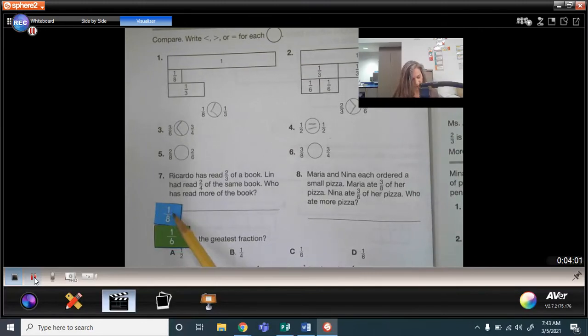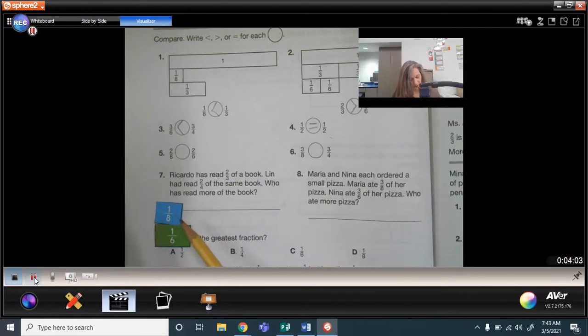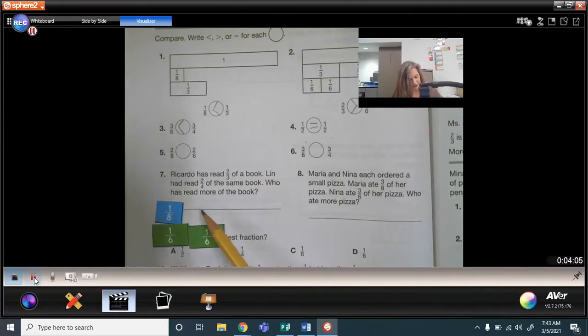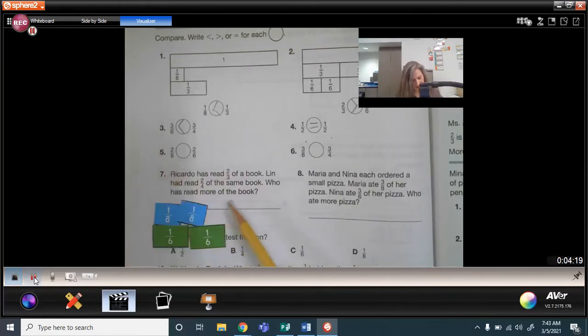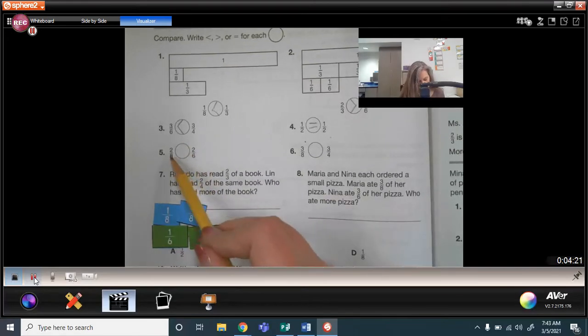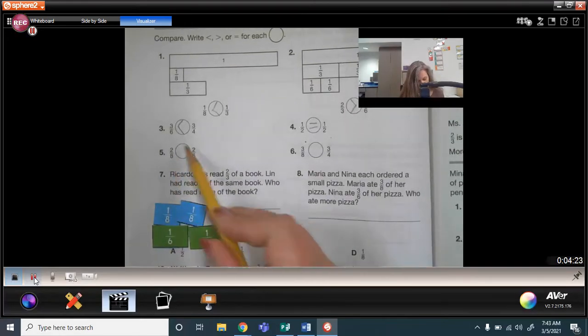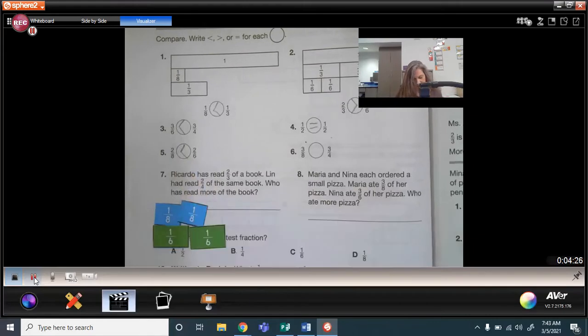So if I have 2 of these, I know that 2 of the 6ths are going to be greater than 2 of the 8ths. But remember, we read it like a book. I can't find my 8ths, oh, there it is. And then I have 2 of the 8ths. When I read it like a book, we say 2/8 is less than 2/6.